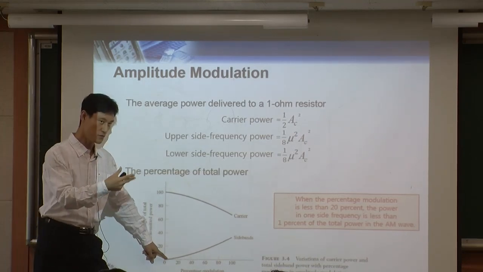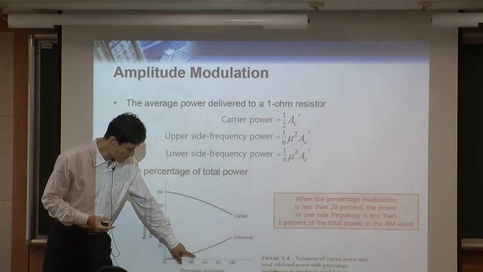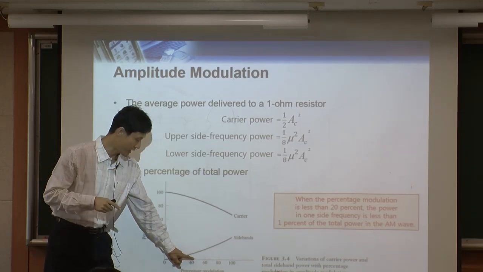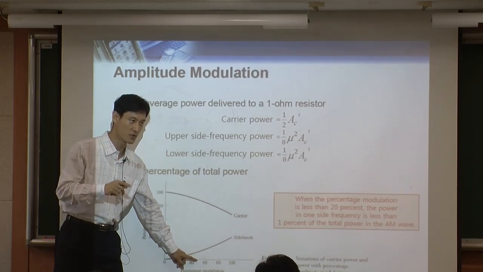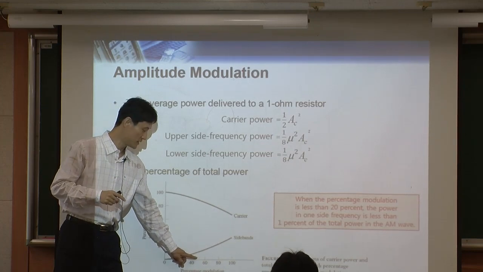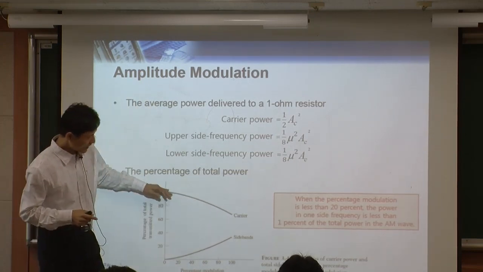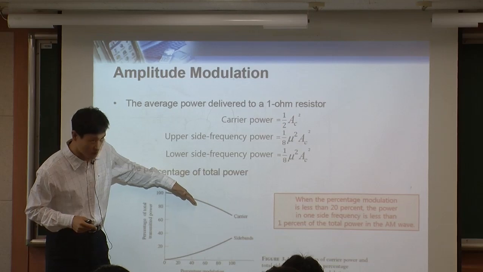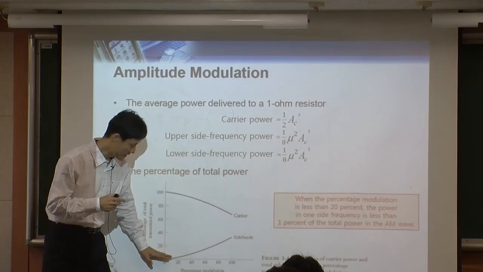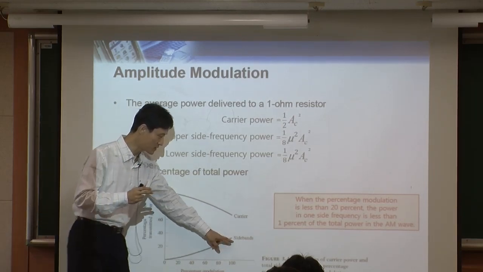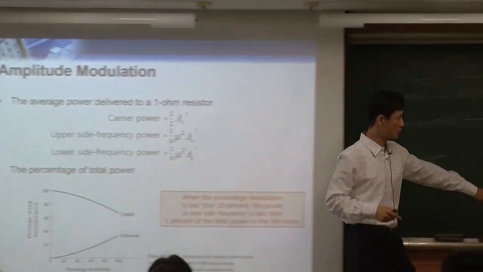Now let's increase the mu, and let's say mu is like 50%, 0.5. In that case, your carrier power is a little bit smaller, and the energy in your sideband, what is a sideband? This one is a sideband, the white one.